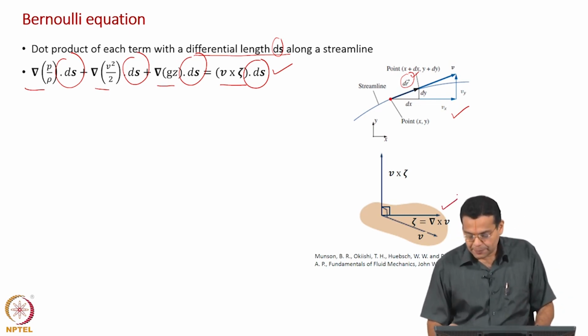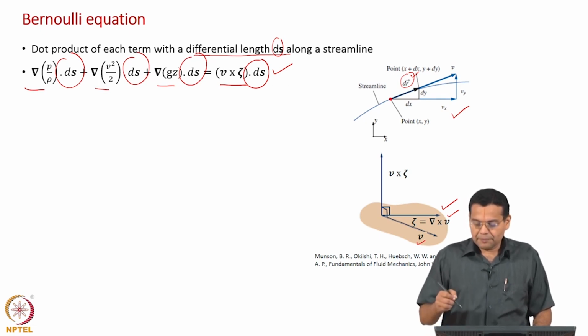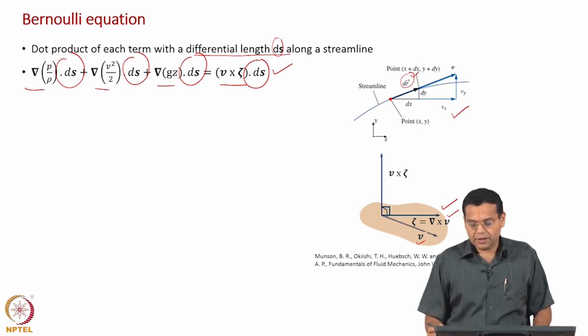What is shown here? A velocity vector and then the vorticity vector. They can be in two different directions, because one is the velocity vector, the other is del cross velocity vector, the curl of the velocity vector.